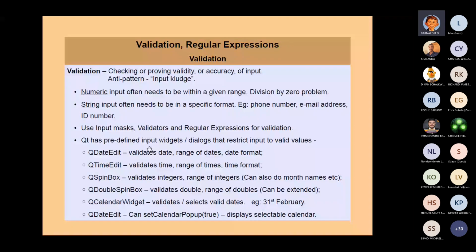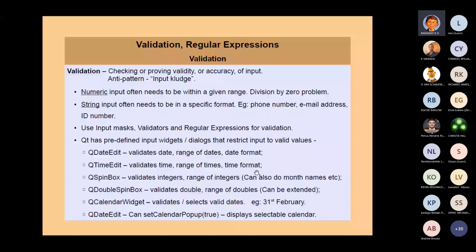Okay, QT has some predefined input widgets or dialogues that restrict input to valid values. Some of the most common ones, and these aren't the only ones, there are others. QDate edit validates the date and a range of dates and also the date format. You can set all of that within a QDate edit. A QTime edit validates time, also a range of times and a time format.